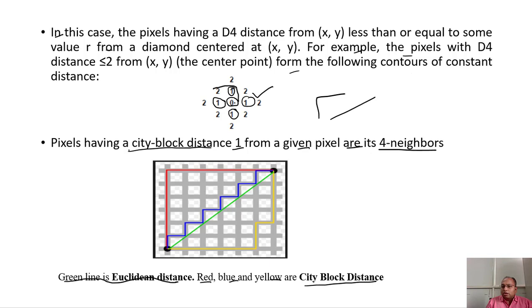We cannot traverse diagonally. So if I want to find the distance between this pixel and this pixel, I have to move through the center pixel in between as well. That is the meaning of that sentence.